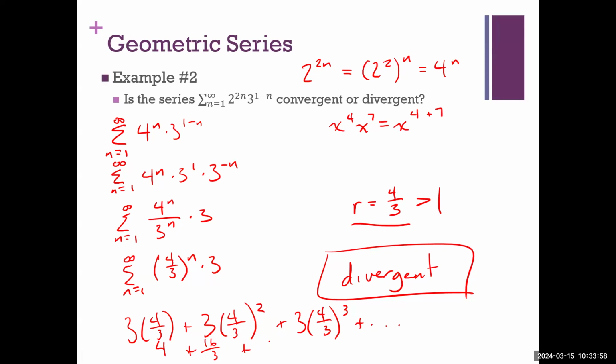And the next one, 3 times 64/27, which is 192/27, it's bigger than 5, right? So as I move down the sequence, I'm getting bigger and bigger terms to add together. That's essentially just multiplied by another 4/3 each time. So that is exactly why 4/3 is the ratio, because to get from one term to the next, I'm multiplying by another factor of 4/3.